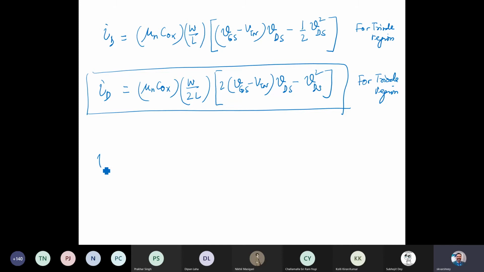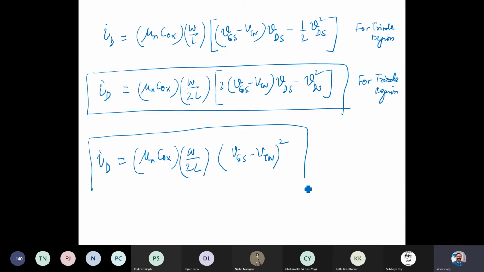The current in the saturation region is mu n Cox W by 2L, times VGS minus VTN square. This is the drain current in the saturation region.